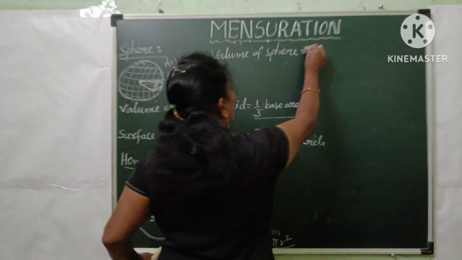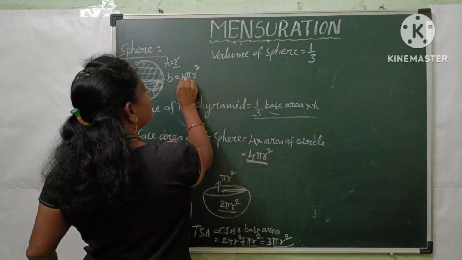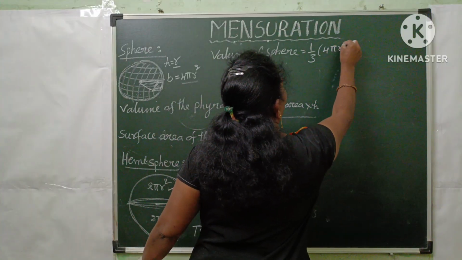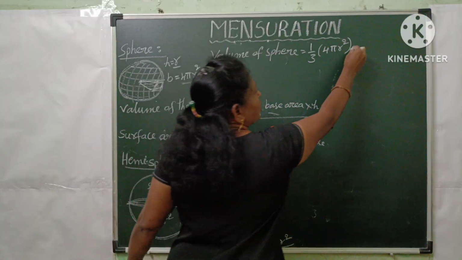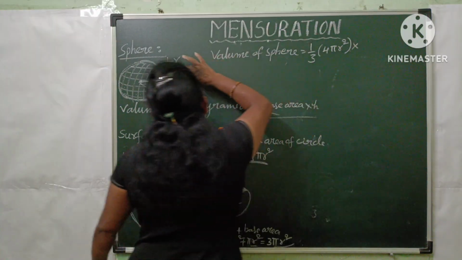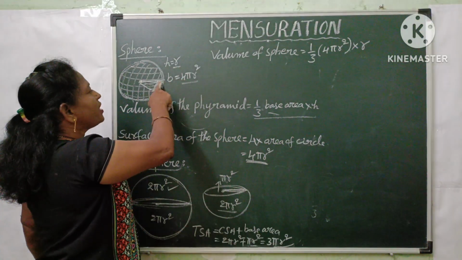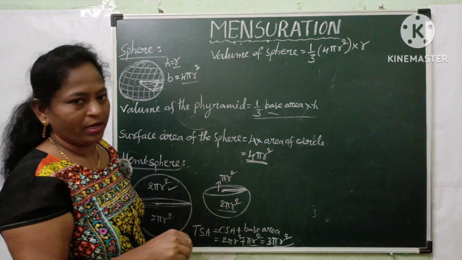So 1 by 3 into base. What is the base? 4 pi r square. 4 pi r square into height. The height of the pyramid is the radius of the sphere.